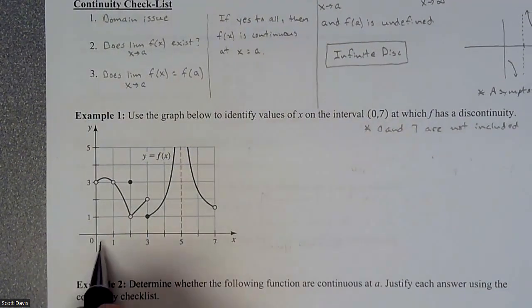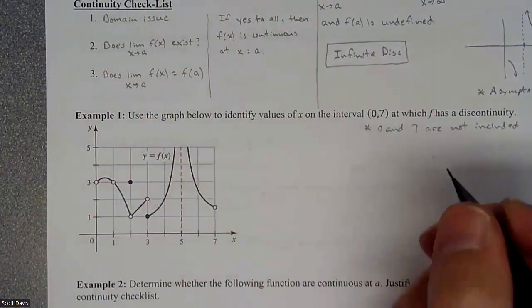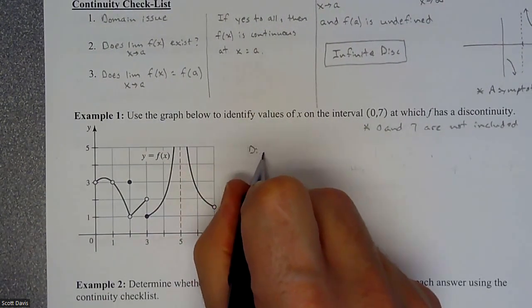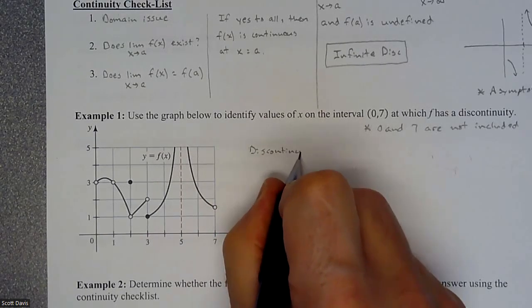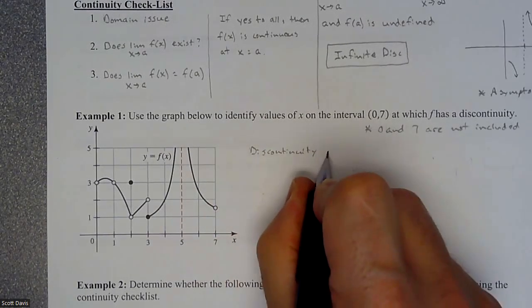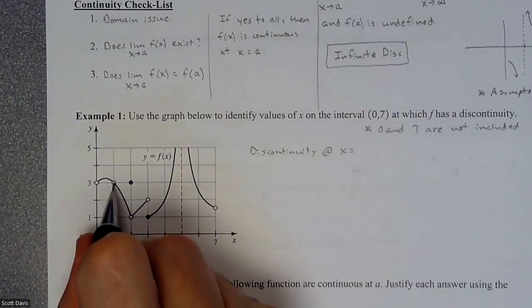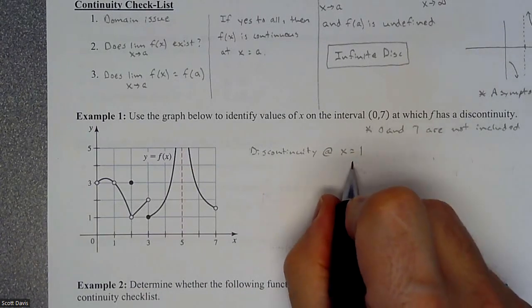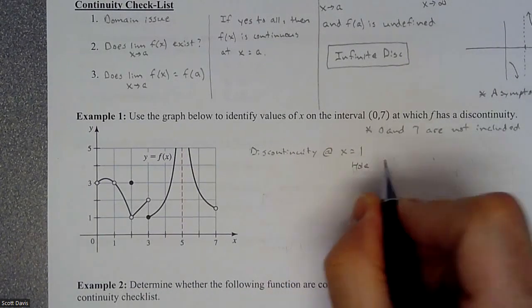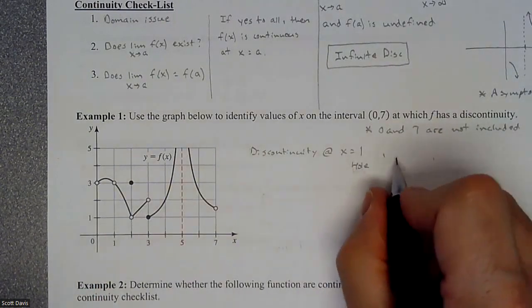As we go through this, at x equals 1 we have some discontinuity, and that has a hole. Then at 2, there's another hole.